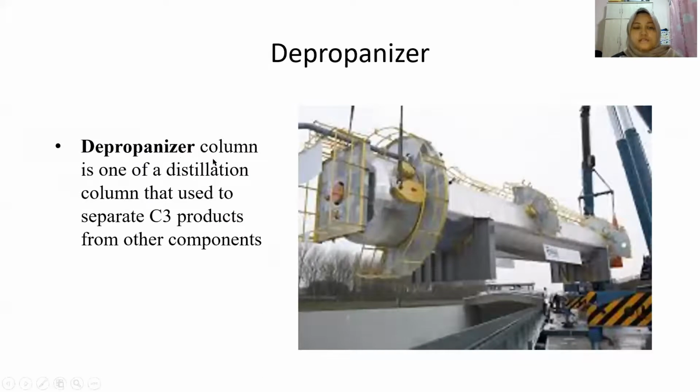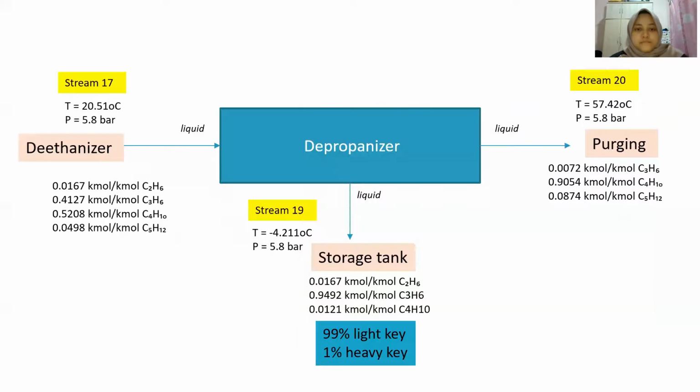Okay, and then next is the depropanizer. The depropanizer is one of the distillation columns that is used to separate products from other components, just like the debutanizer, demethanizer, and so on. 99% of our light key, which is propylene, will be sent to the storage tank.